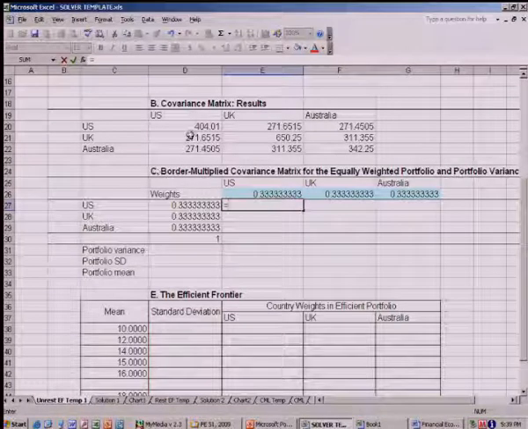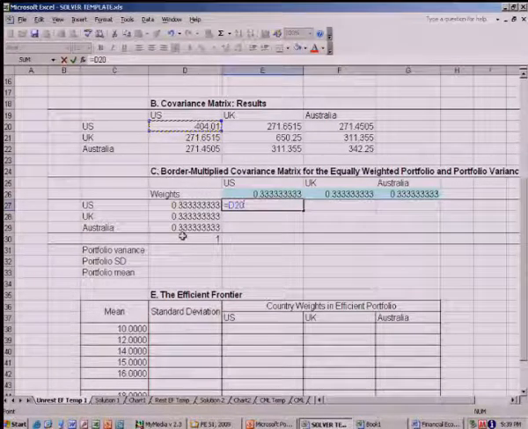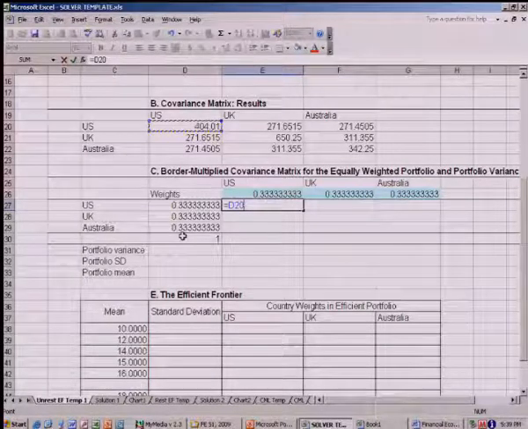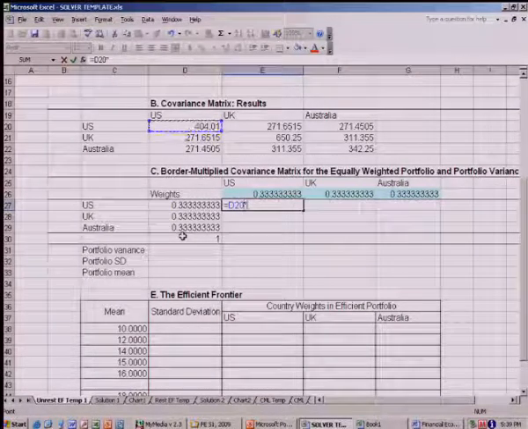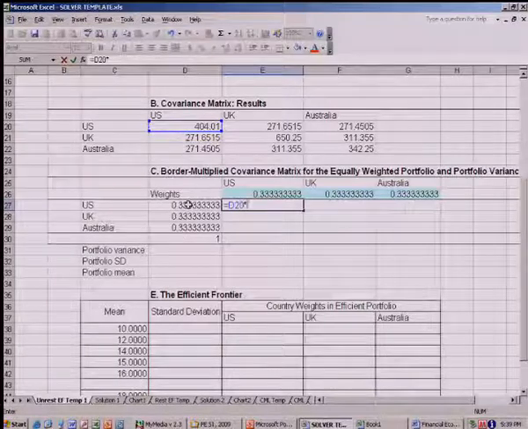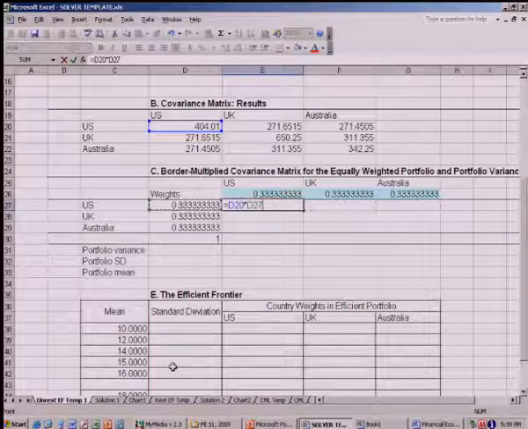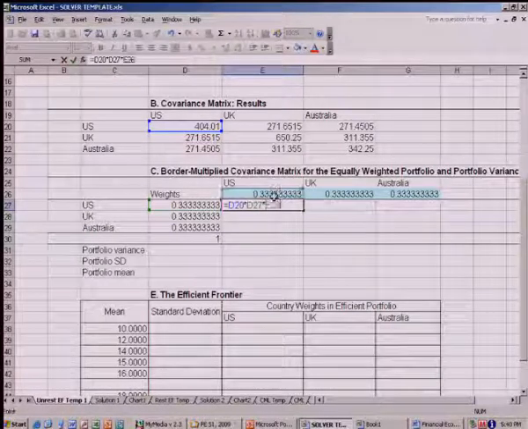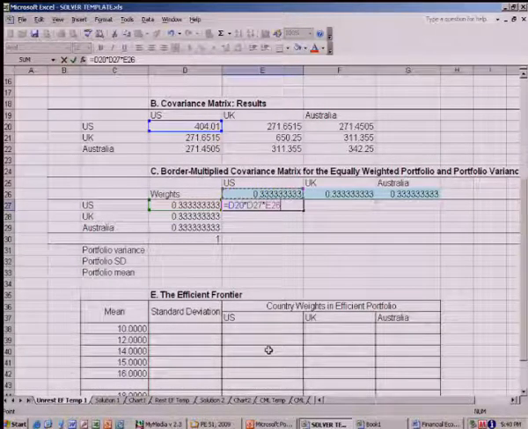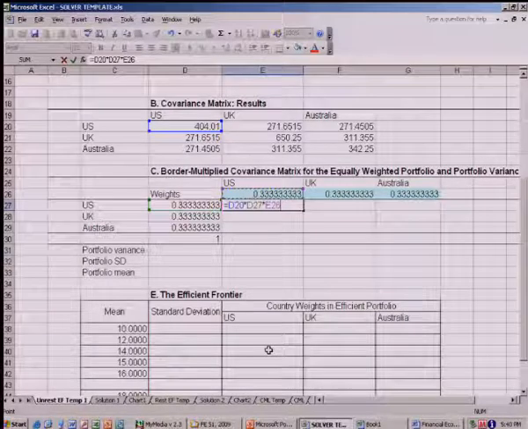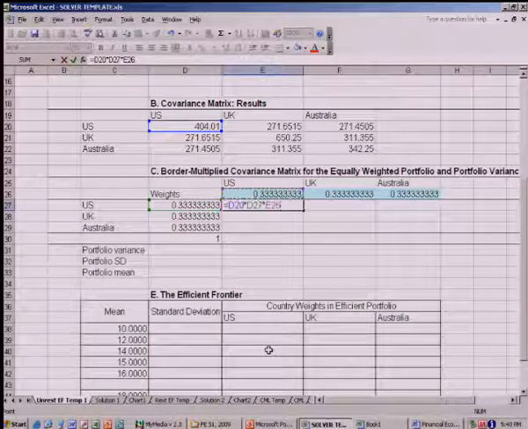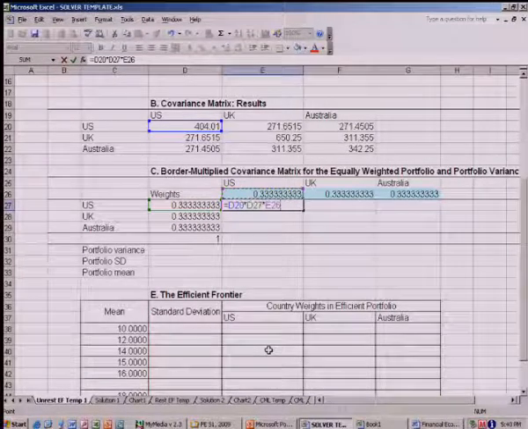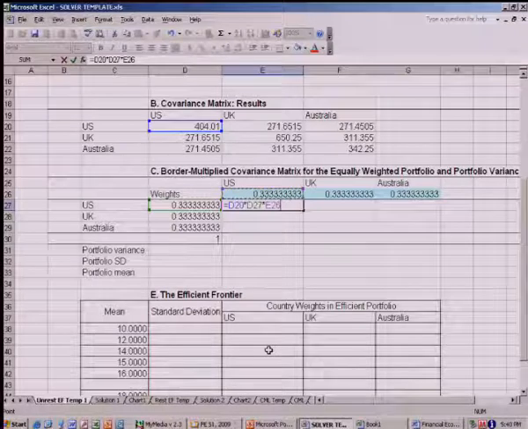So I will, from the covariance matrix, grab the variance on the US asset, which is 404, and multiply that by the weight on a US asset that is in a border column times the weight that is in a border row. So what I have here again is the variance on a US asset times the weight on a US asset times the weight on a US asset.